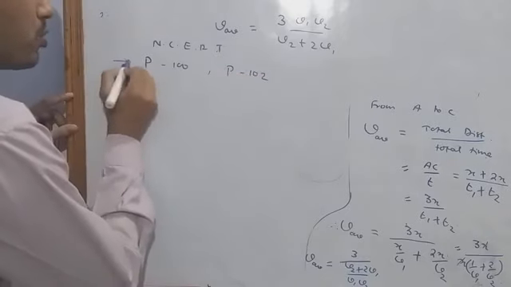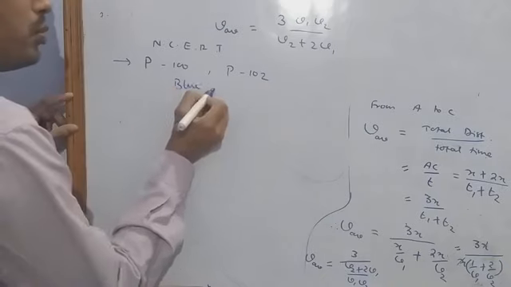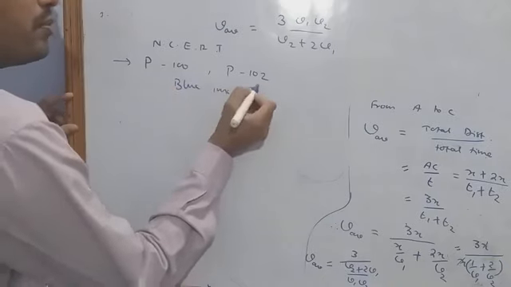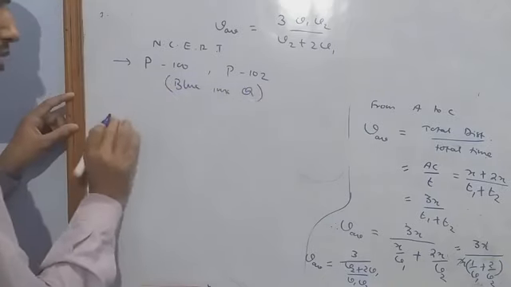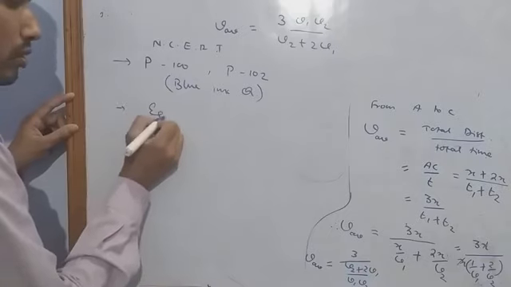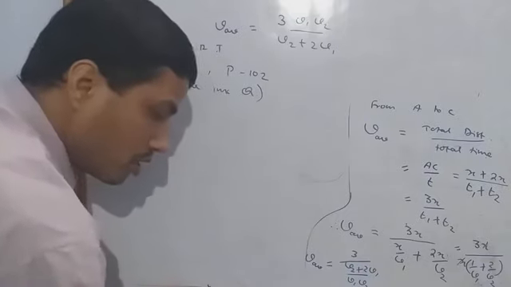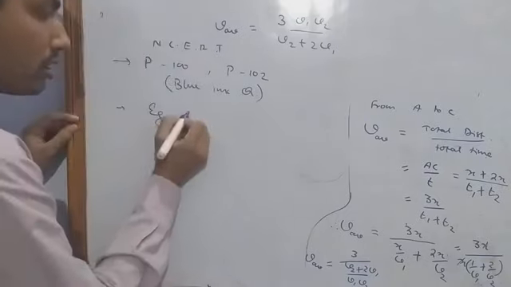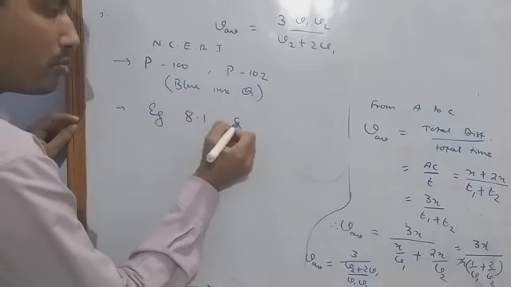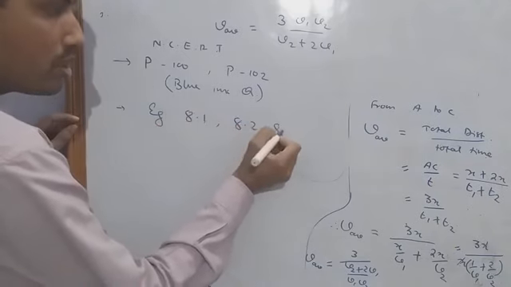Here in these two pages you will solve the blue ink questions. They are specially marked in your NCERT. Apart from this, also you try to solve some examples which are solved in the book. You can solve examples 8.1, 8.2 and 8.3.